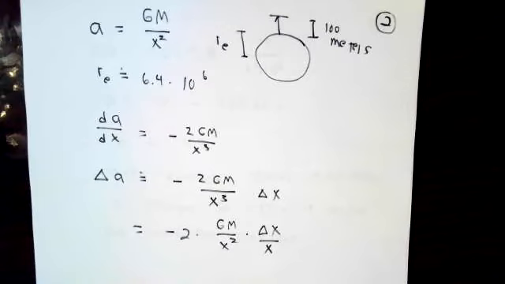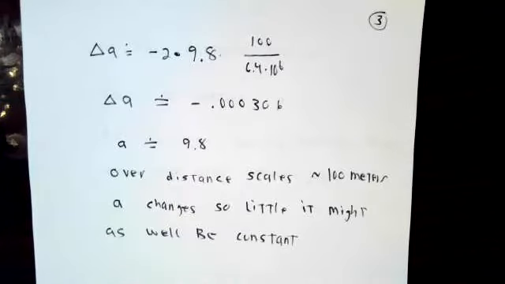This is the general type of scale that human beings deal with on a regular basis. If I change the height from the center of the Earth by 100 meters, how much does the acceleration due to gravity change? We'll get this by doing our differential approximation here. So I put the numbers into my calculator.